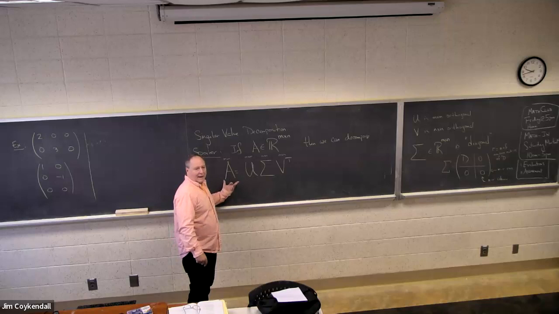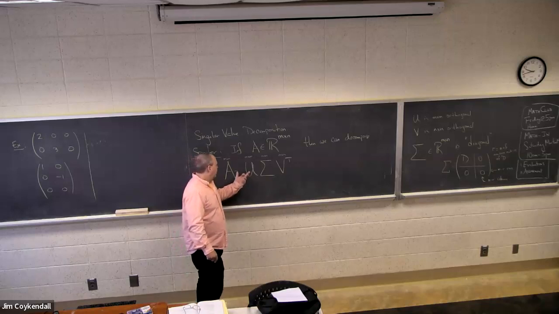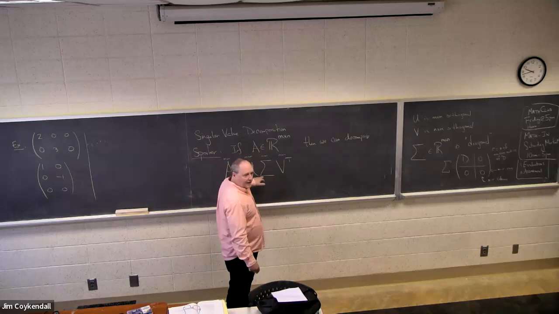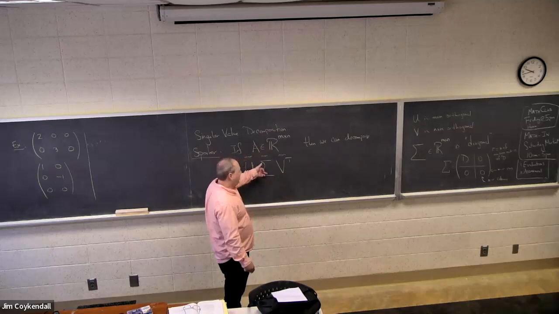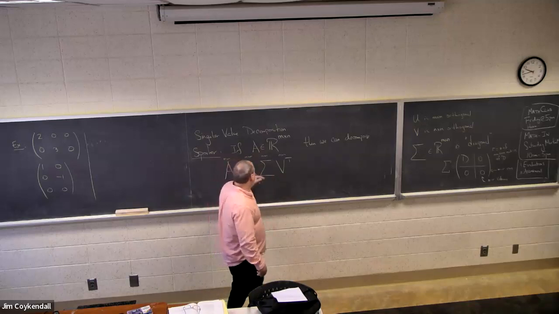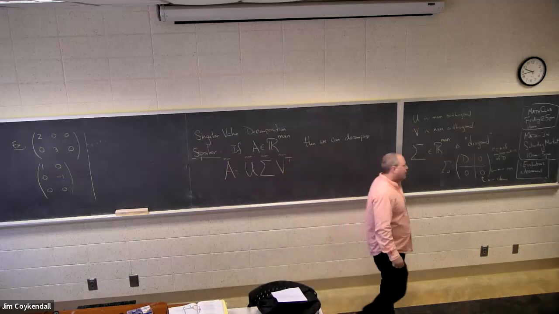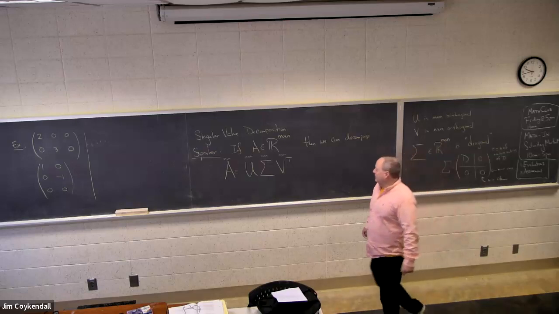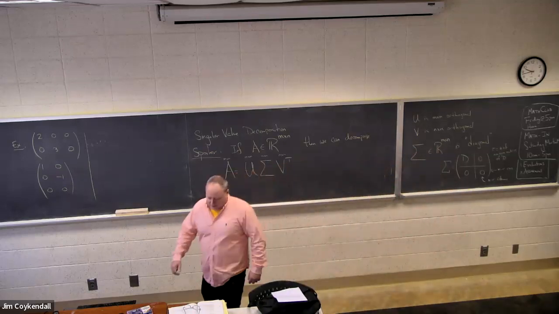It doesn't matter about A. Like I said, it doesn't even have to be square. I can take this matrix and flank it by two orthogonal matrices and make it be sort of the analog of similar, although it's really not, of a diagonal matrix, right? This is kind of cool.